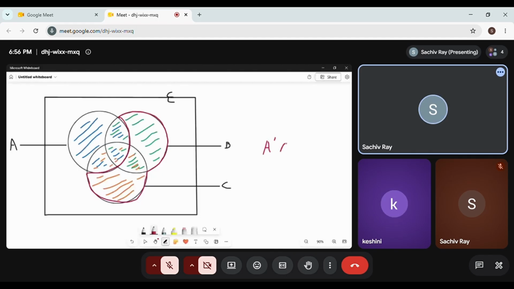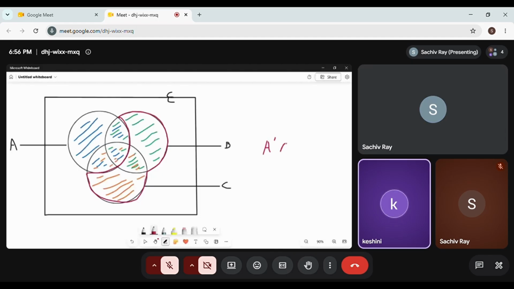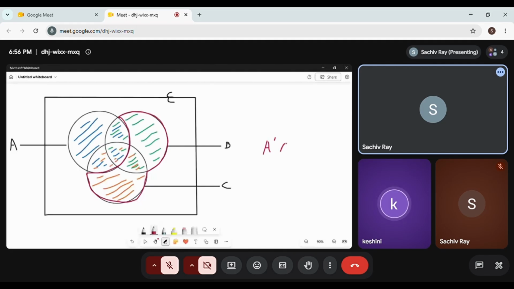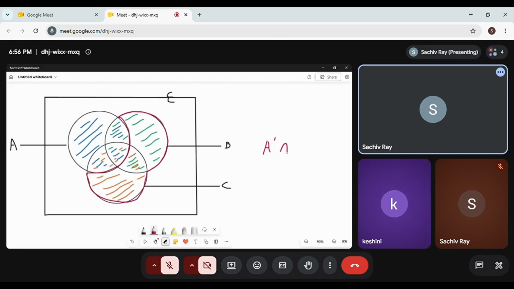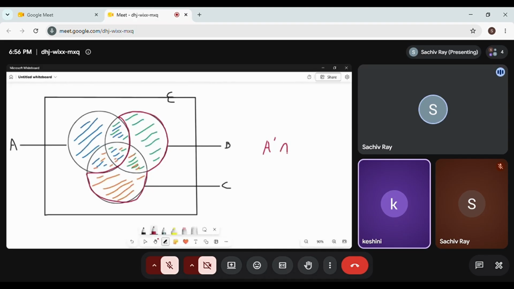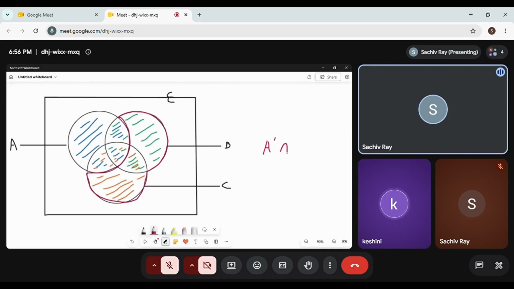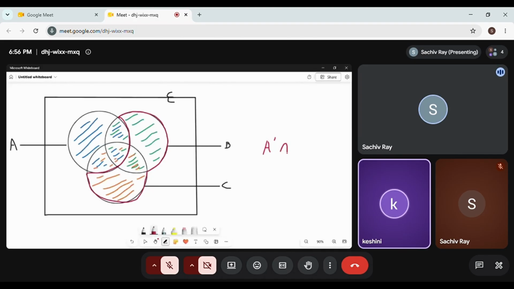A intersect B, A union B. If I write B and C like this, this part is B intersect C. If we call the entire part like this, that would be B union C, just like A union B. Now A complement is going to be intersecting with this.